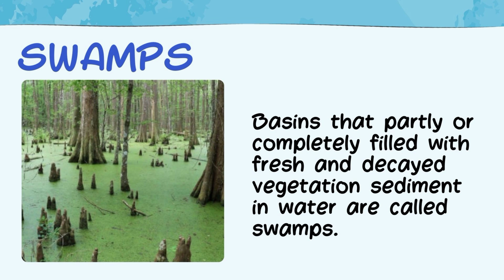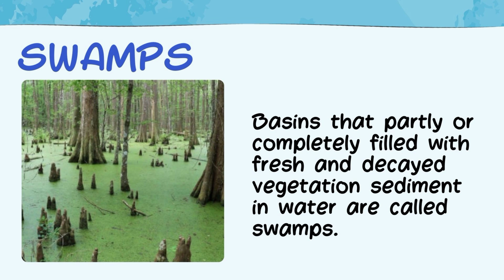If you really want to see swamps, you can search for the Great Dismal Swamp, that is an example of swamps. So swamps accumulate vegetable matter that decomposes, forming peat.